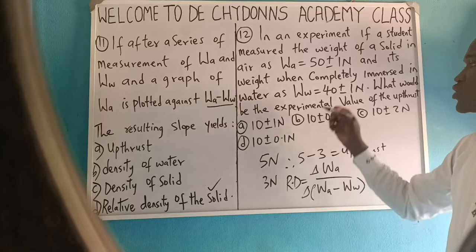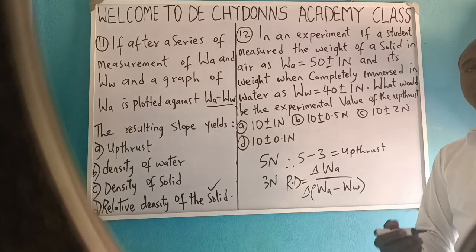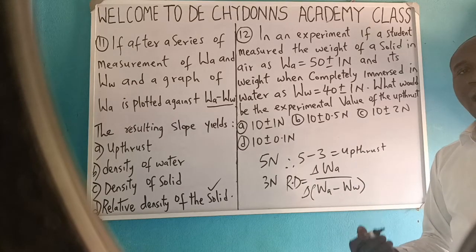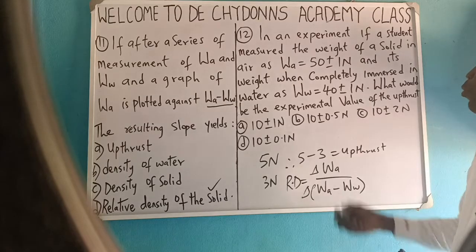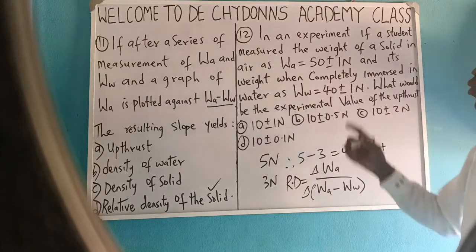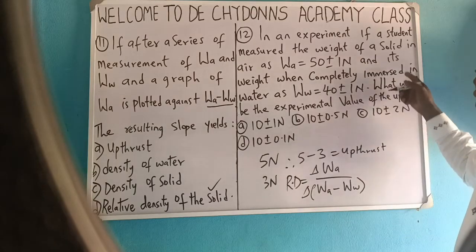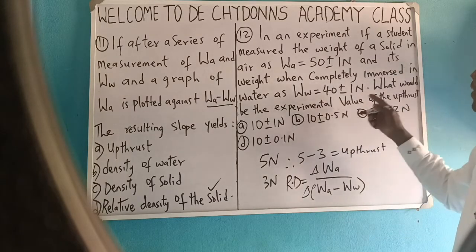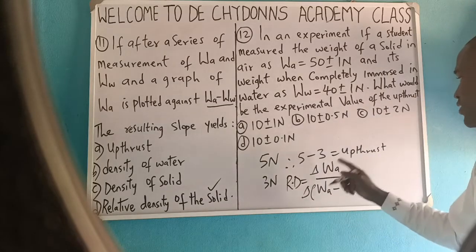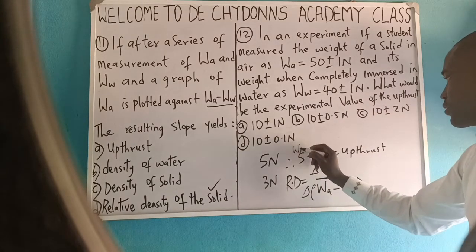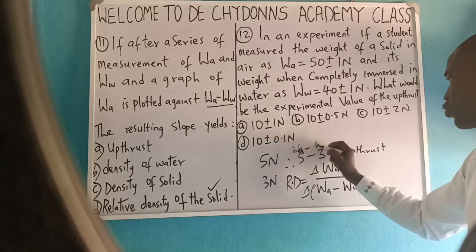This question is coming from how to find the error in the sum and difference of two functions. We have weight in air and weight in water. When they ask for the experimental value of the upthrust, it means weight in air minus weight in water.